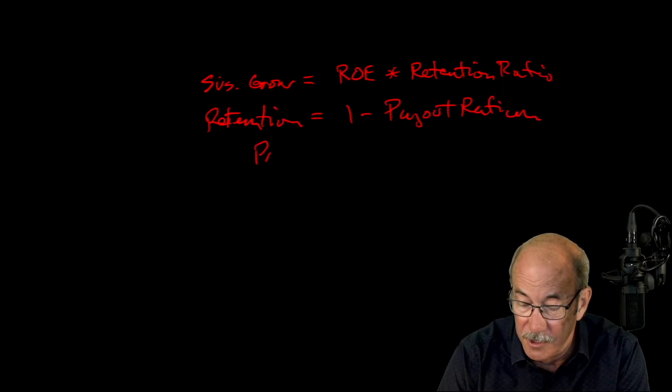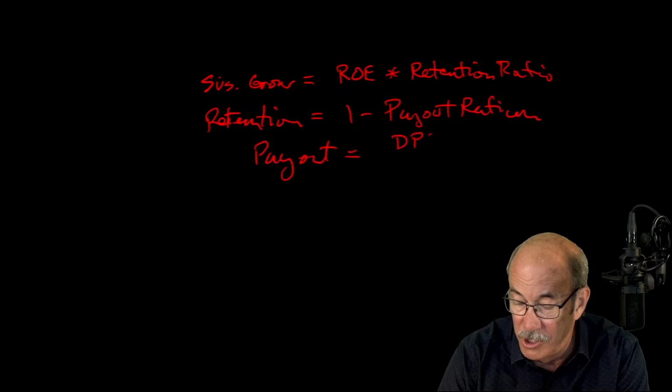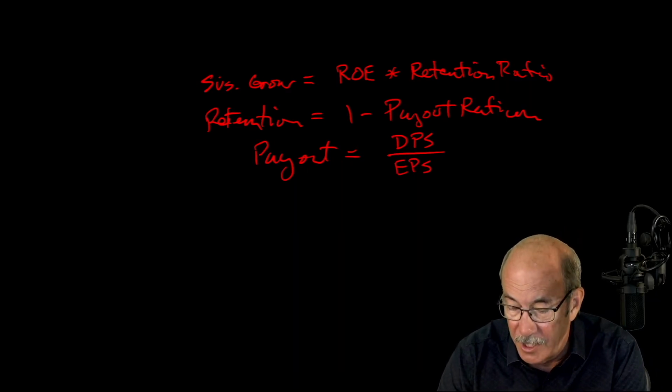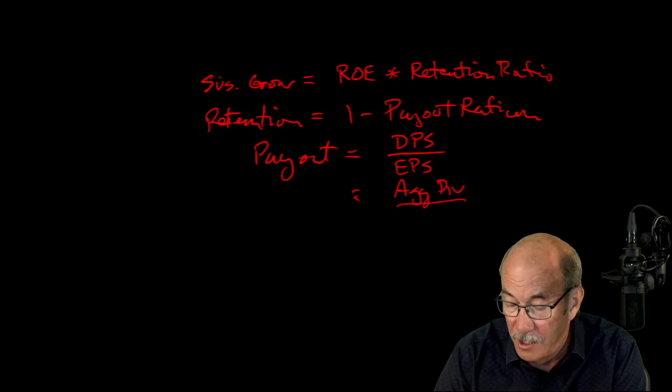Basically, the payout ratio is dividends per share divided by earnings per share. That's on a per share basis. You'd get the same thing if you just did aggregate dividend payment over aggregate earnings.